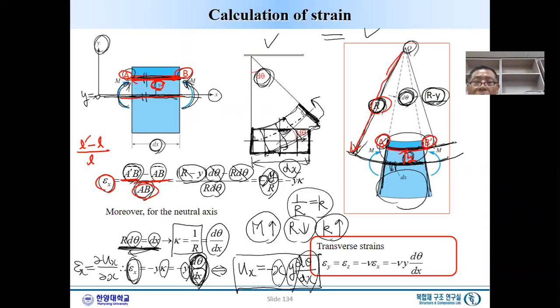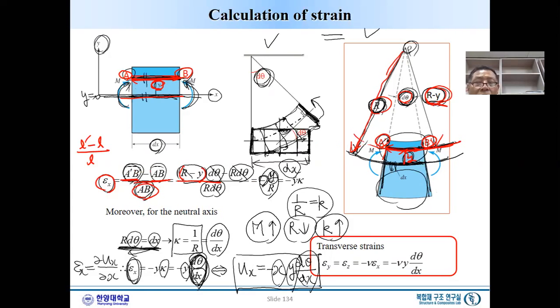So the radius from here to there is simply r minus y. So (r minus y) times d theta is the length of A prime B prime.